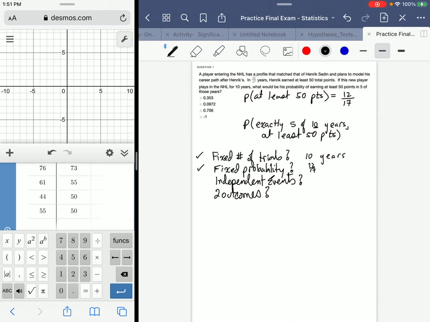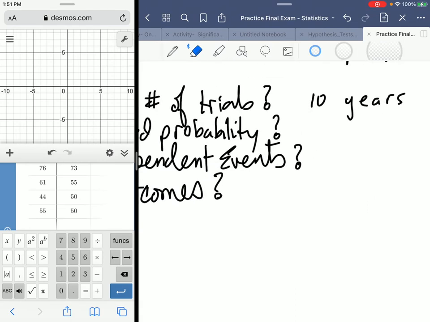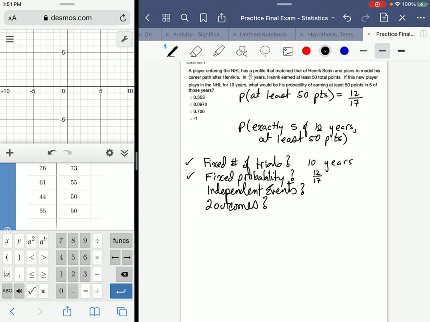Independent events. That's a weird one. Independent events is telling us that the outcome of an event is not impacted by a previous event occurring. In this case, we're looking at year to year.